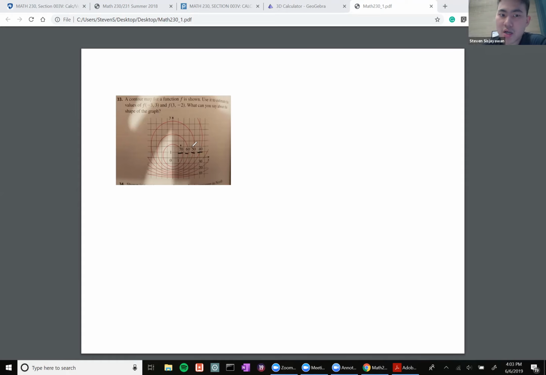Imagine that as the z value for this surface. This contour map is a function f, so in order to find f(-3, 3), we look at x equals -3 and a positive y value of 3, so that would be that point right there.